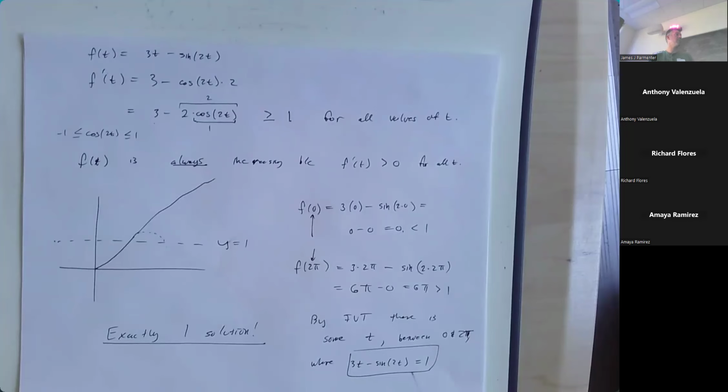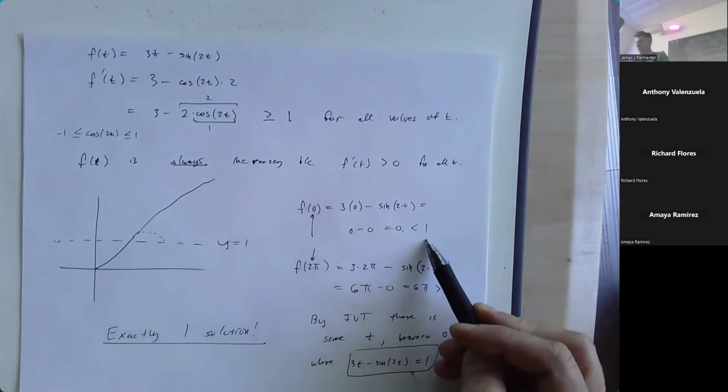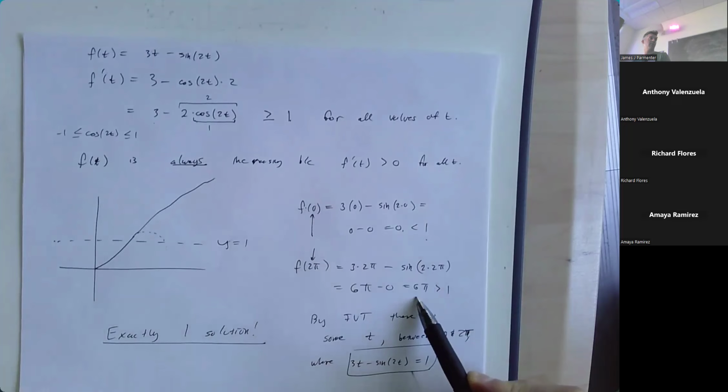Basically, since we're looking to see where the function equals 1, we have to look at a point where the output is smaller than 1 and a point where the output is bigger than 1. Yeah, it's a little tricky.